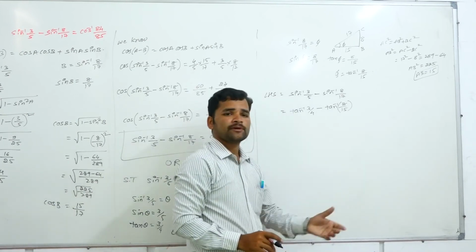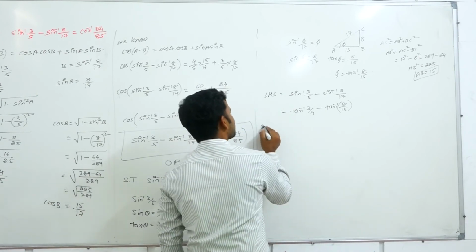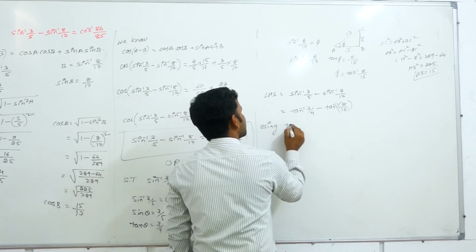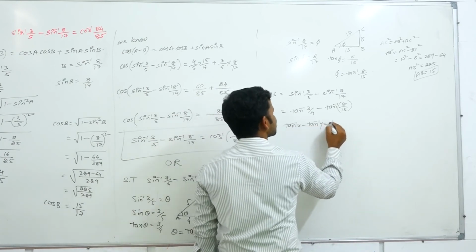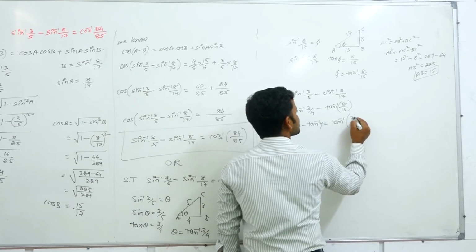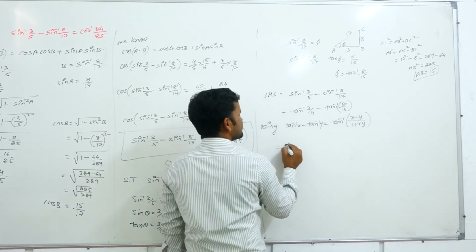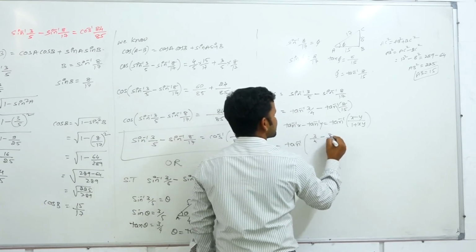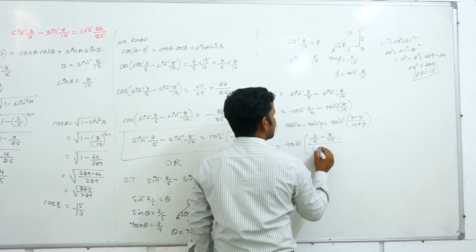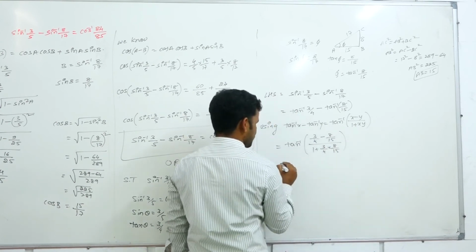Now it came to the form tan inverse of x minus tan inverse of y. So you use the formula: tan inverse of x minus tan inverse of y is tan inverse of (x minus y) divided by (1 plus xy). We have here tan inverse of (3 by 4 minus 8 by 15) divided by (1 plus 3 by 4 into 8 by 15).